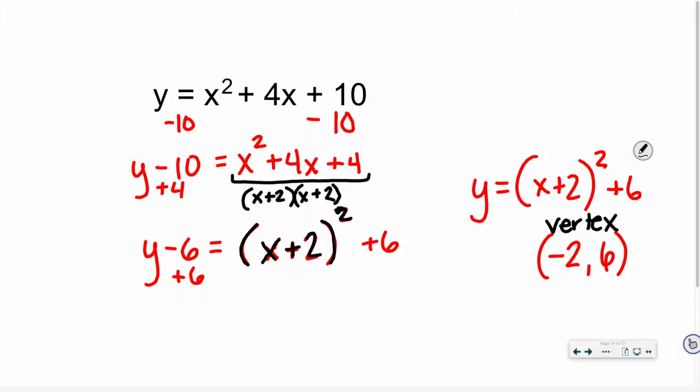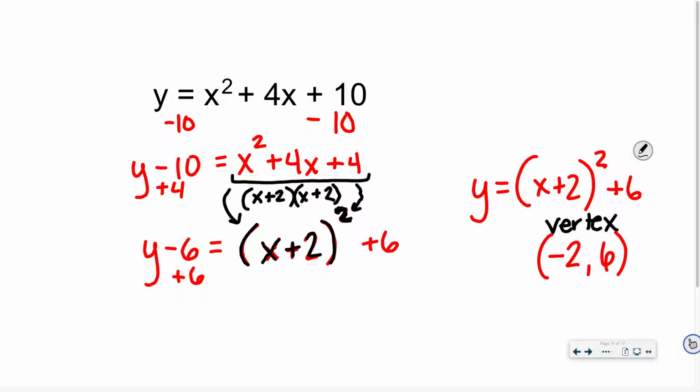So I can write that as the binomial x plus 2 squared. I kind of skipped a level there as I wrote that out. Any other part of that we want to go over before we try one on our own?